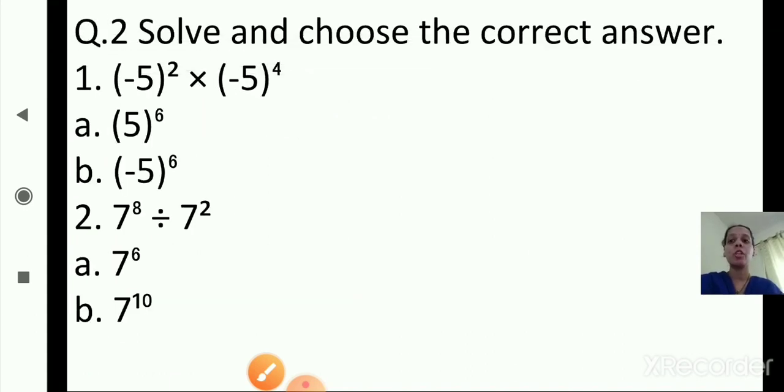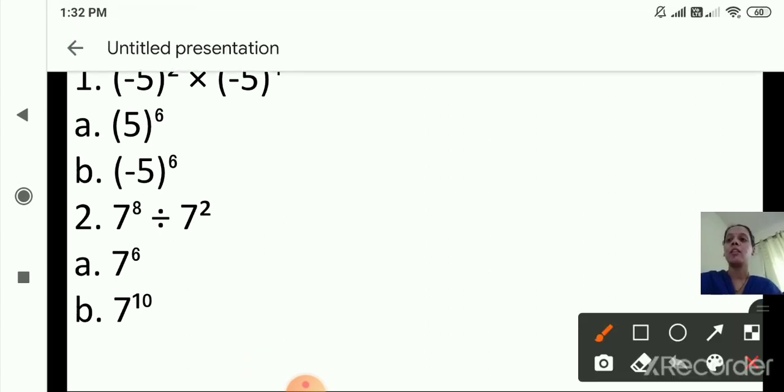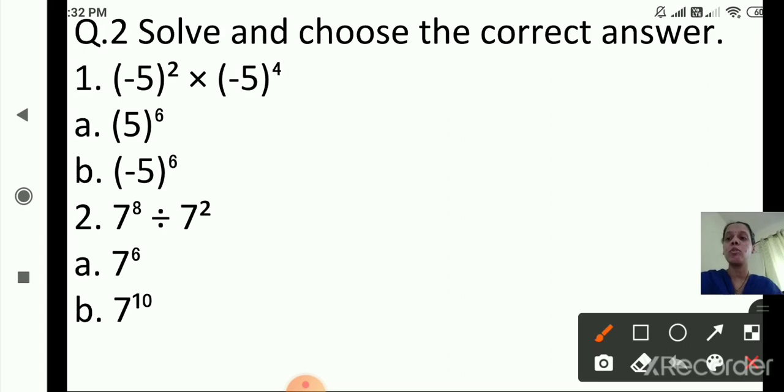That is question number 2. Solve and choose the correct option. Now you will solve this and choose the correct option. First question is minus 5 raised to 2 multiplied by minus 5 raised to 4. So how do we do multiplication? We write down the base and we add the index, that is 2 plus 4. So what is the answer?